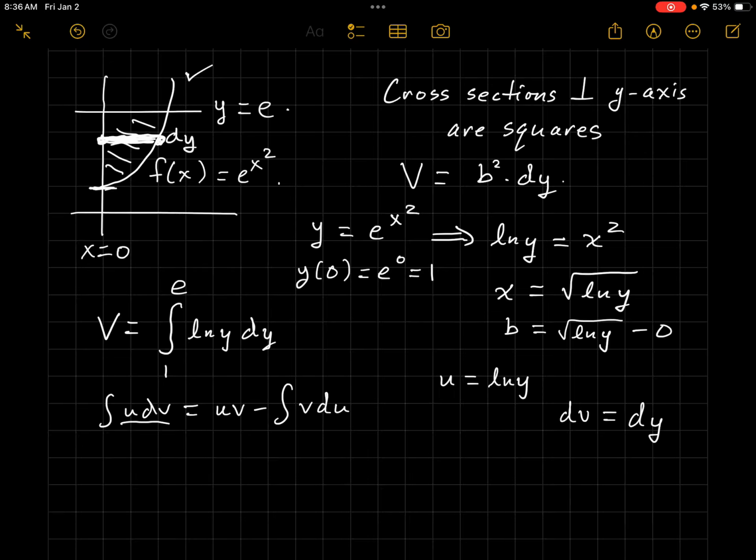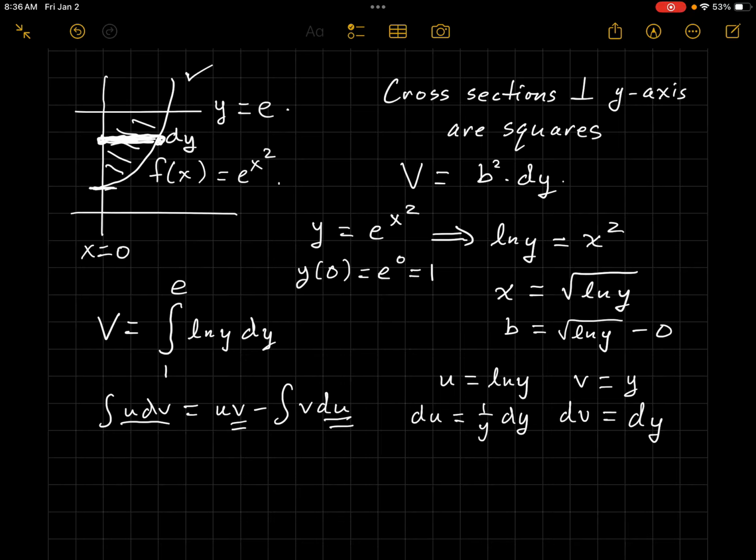Notice that to solve, I need v as well as du, so let's find those. If dv is dy, then v is y. We don't need the plus c at this point. If u is the natural log of y, then du is 1 over y dy.